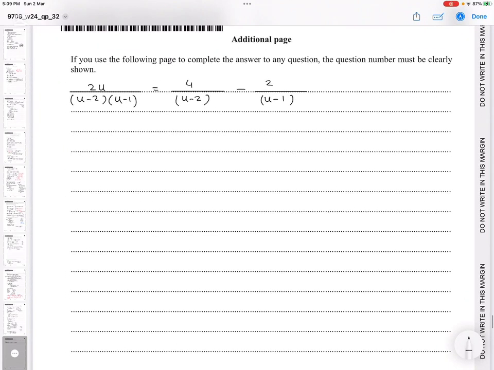Now integrate with limits 3 to 5, 4 over u minus 2 minus 2 over u minus 1 du.